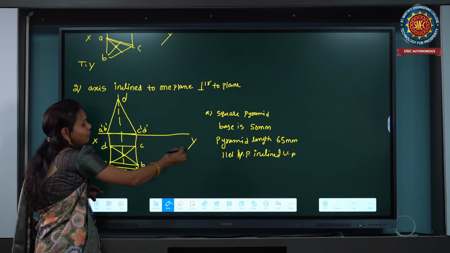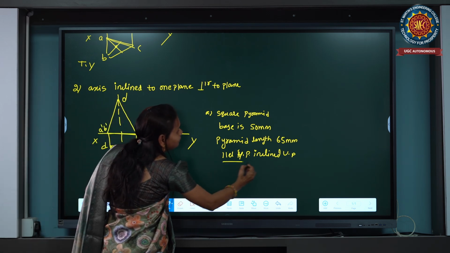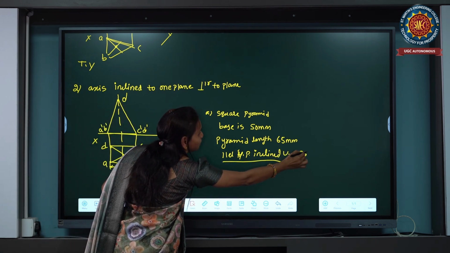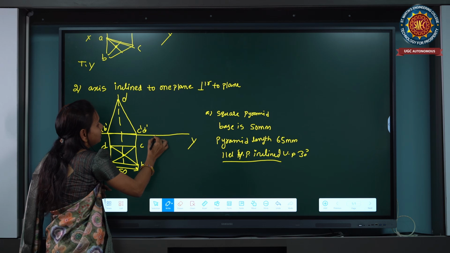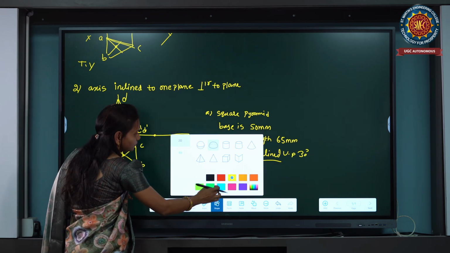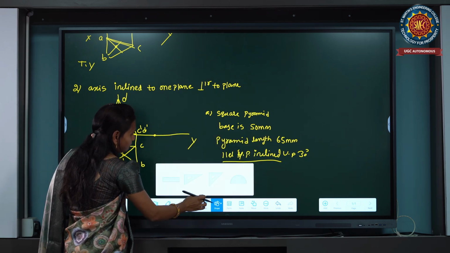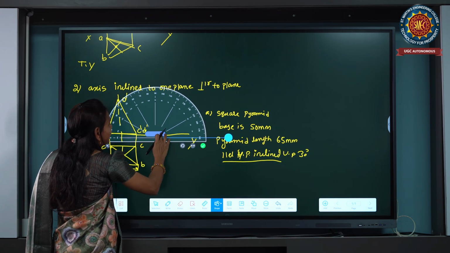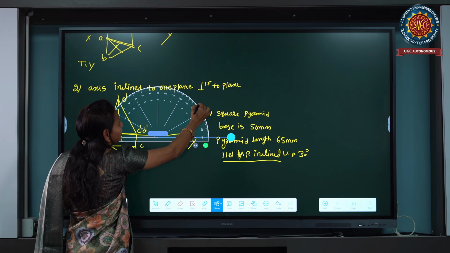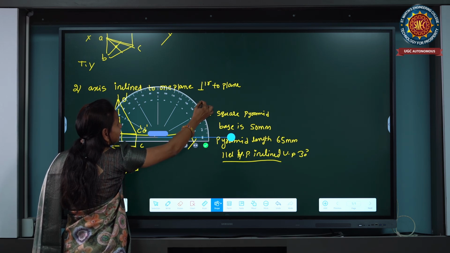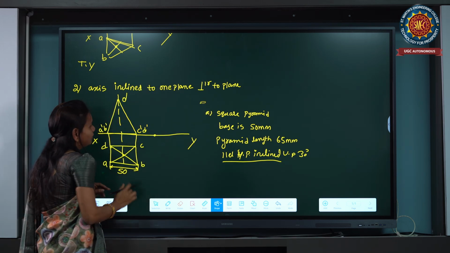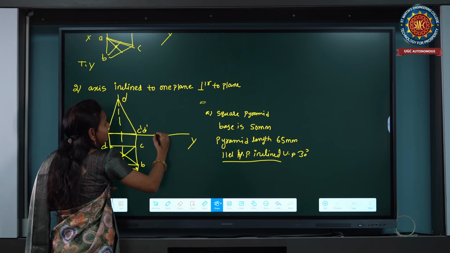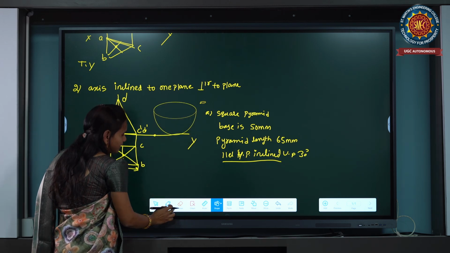So here what is he asking? Inclined to VP at 30 degrees, for example. Clear? So here, by using a protractor, take a 30 degree angle, mark it, and by using a scale draw a 30 degrees straight line.